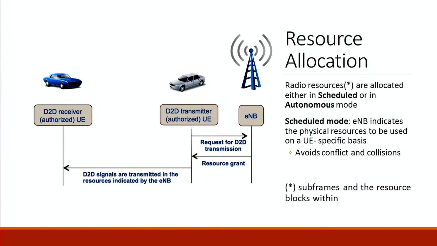So you never know if you end up colliding, not in terms of vehicle collision, but packet collision. You're going to collide because 802.11p is like Wi-Fi, based on CSMA, carrier sense multiple access.